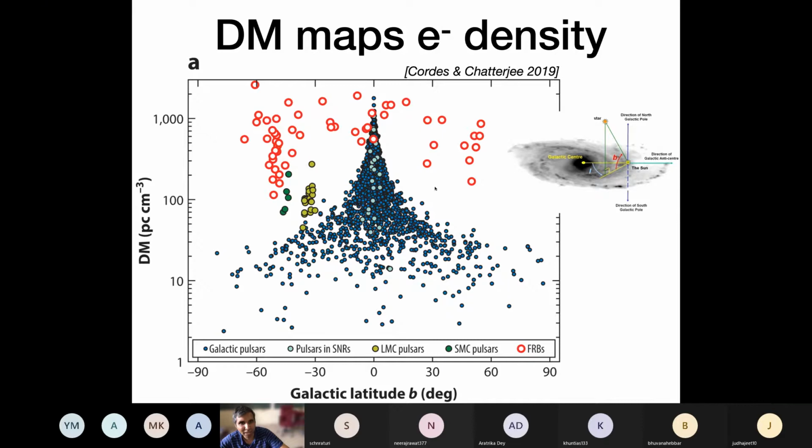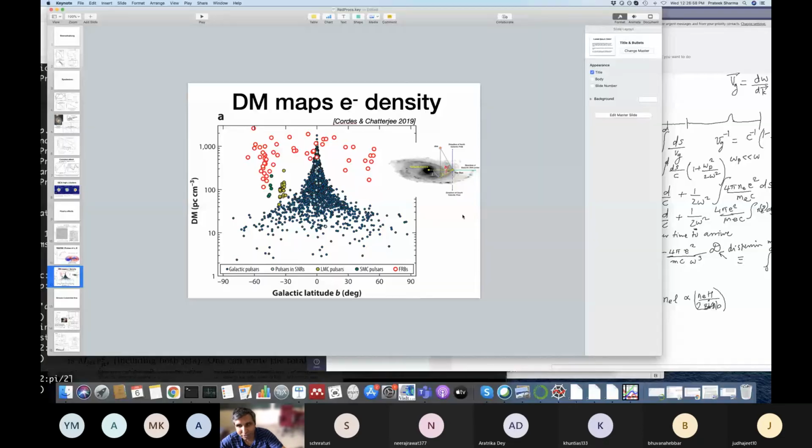So their DM is much larger than the DM of the galaxy. In fact, this argument was used to say that these FRBs, fast radio bursts, are cosmological. They don't come from within the Milky Way, but from far away. So you see, such a simple physics tool is so profound. It tells us about so many different aspects.